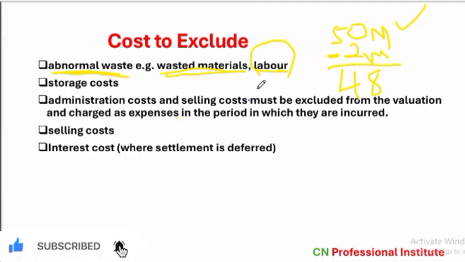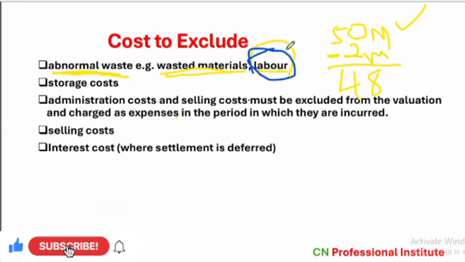You pay them. Such cost is not added, it's not included, it is deducted from the cost of labor, right? So abnormal wastage is not included in the cost of calculating inventory.